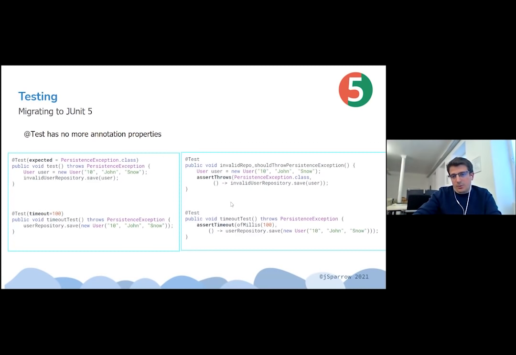And this also makes the test code more readable, as we can define specifically where we would be expecting a certain exception to happen, or which part of the code we would want to measure its timeout.